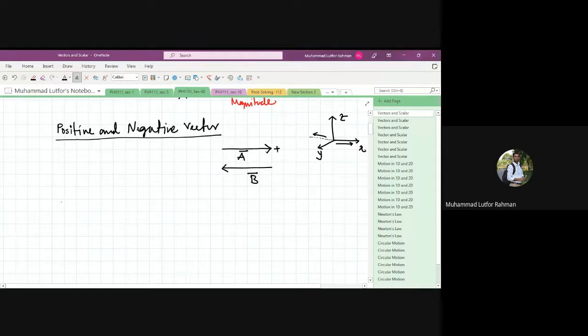The second one we can categorize is the parallel and anti-parallel vector.